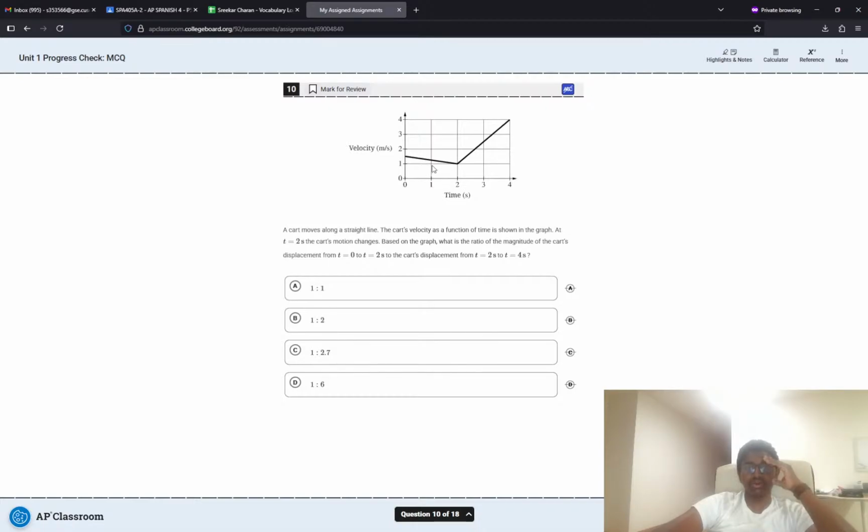That would be 2 plus, so 2 multiplied by 0.5 divided by 2, 2 multiplied by 0.5, 1 half. Okay, so 1 half plus 2, so 3, that's 5 over 2. The area here would be 1, the area here would be 2. 6 over 2 is 3, 5.